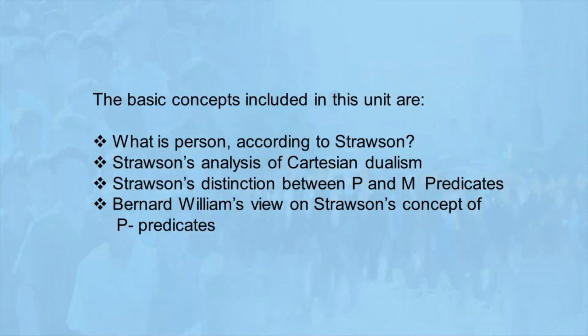Now, the basic concepts included in this unit are what is person according to Strawson, Strawson's analysis of Cartesian dualism, Strawson's distinction between P and M predicate, and Bernard Williams' views on Strawson's concept of P predicates. Now, what is the concept of person?